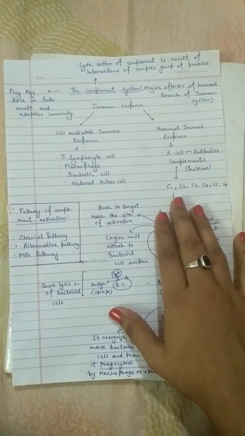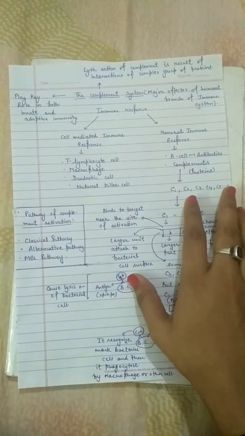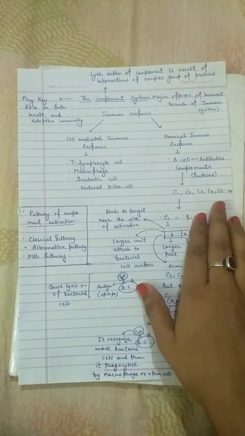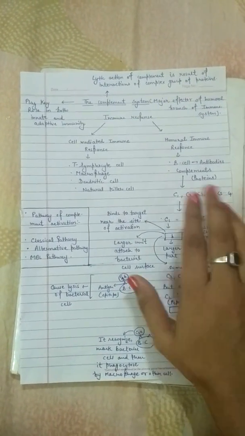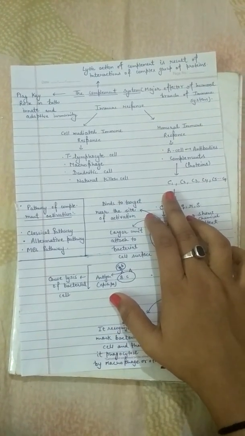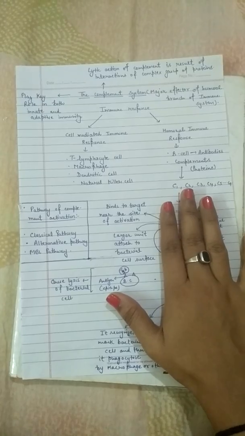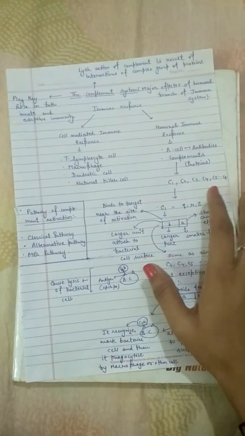There are many complements like C1, C2, C3, C4, C5, C6, C7, C8 and C9. Up to C9 there are 9 complements, and all of these are polypeptides.